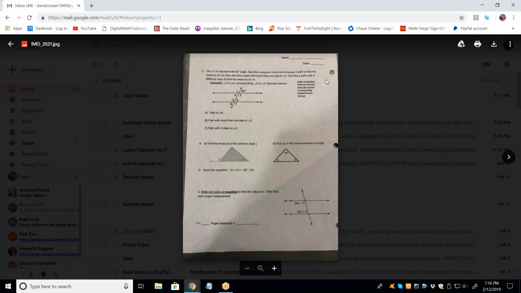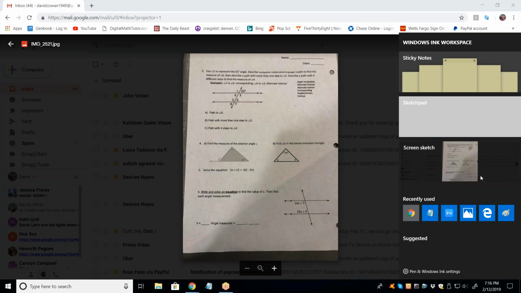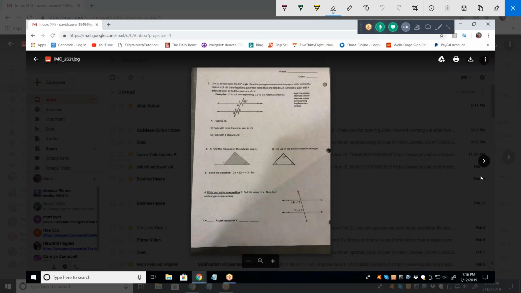Go get a calculator. 115. All right. So I'm going to write that next to that angle, and we're going to go through here and answer their questions. So angle 1 is 115.